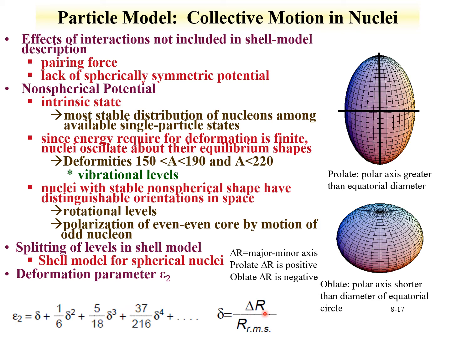The delta term is just nothing more than the difference between the axes divided by the root mean square of the axes. So there's a way of evaluating the deformation parameter in terms of the nuclear shapes.